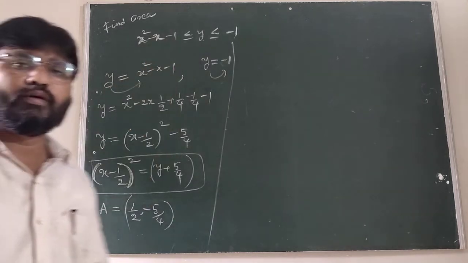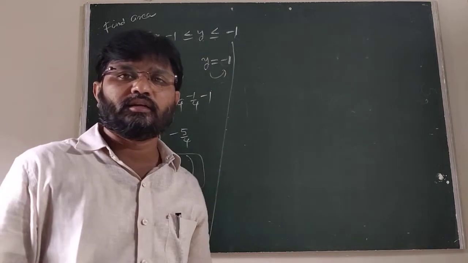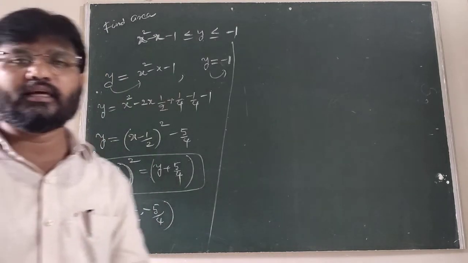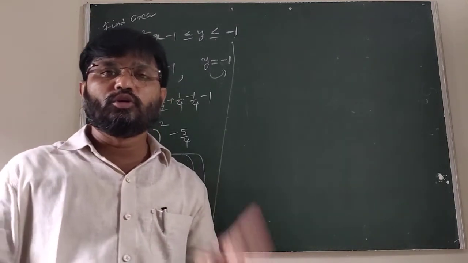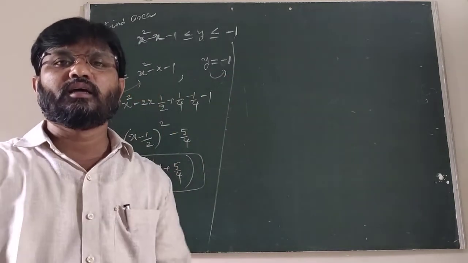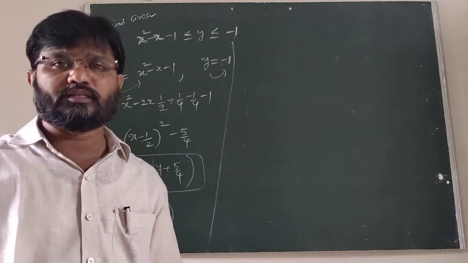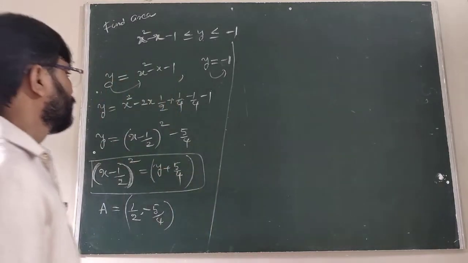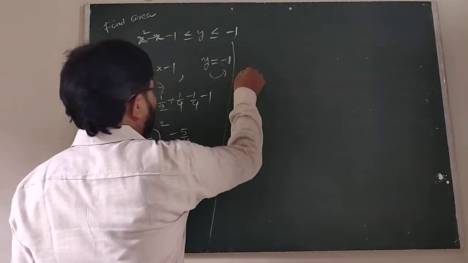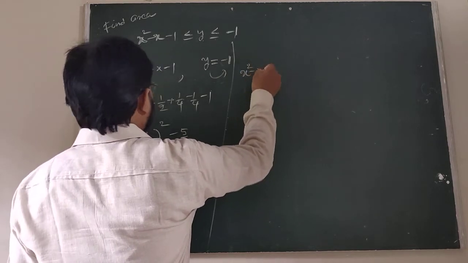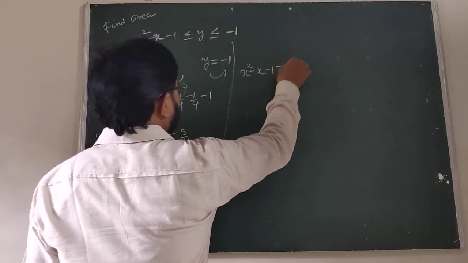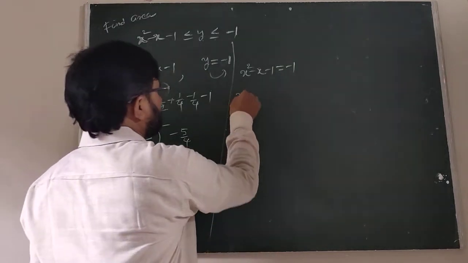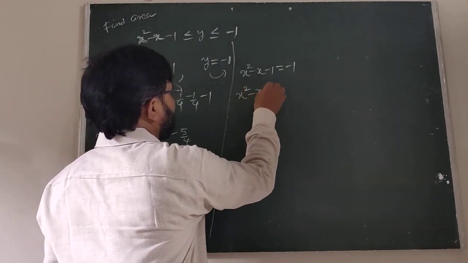So when the boundaries are not given, we find the points of intersection of the line and the parabola. Those points of intersection are the limits, that means the lower limit and the upper limit. Therefore, we take x square minus x minus 1 equals minus 1.